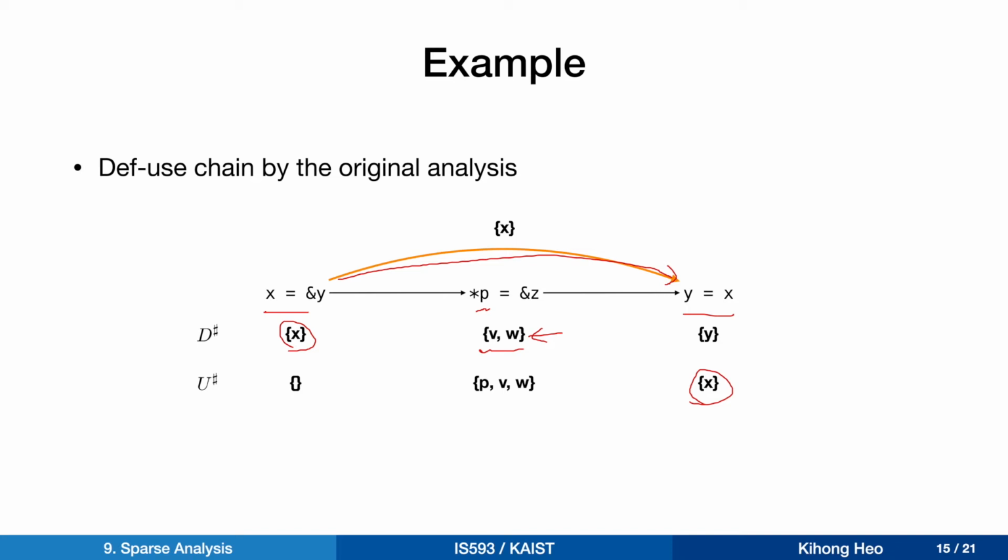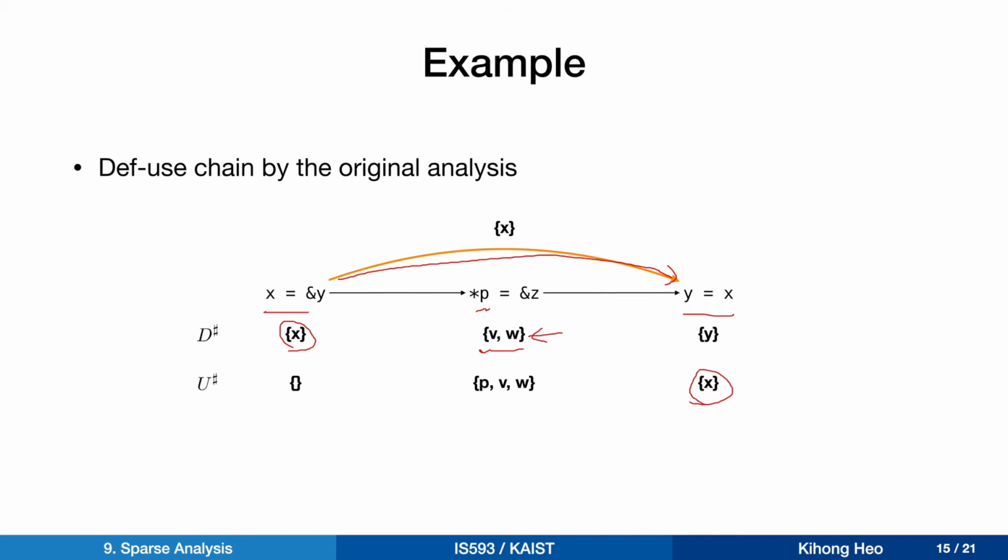If we compare the two analysis results, one from the original version and the second from the sparse version, then the result for variable x in this program will be the same. In that sense, we say this depth chain is correct.